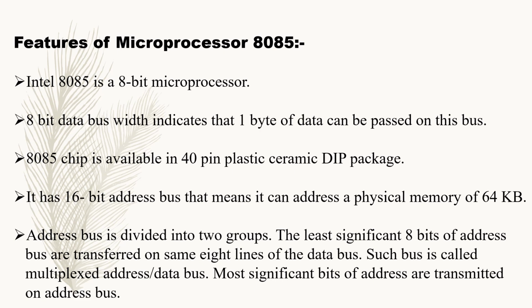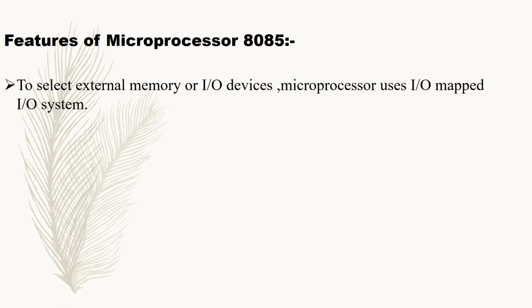To select external memory or input-output devices, the microprocessor uses the IO mapped IO scheme. So we know, students, that in order to select the external memory or the input-output, we are using IO mapped input-output, which we have elaborated.